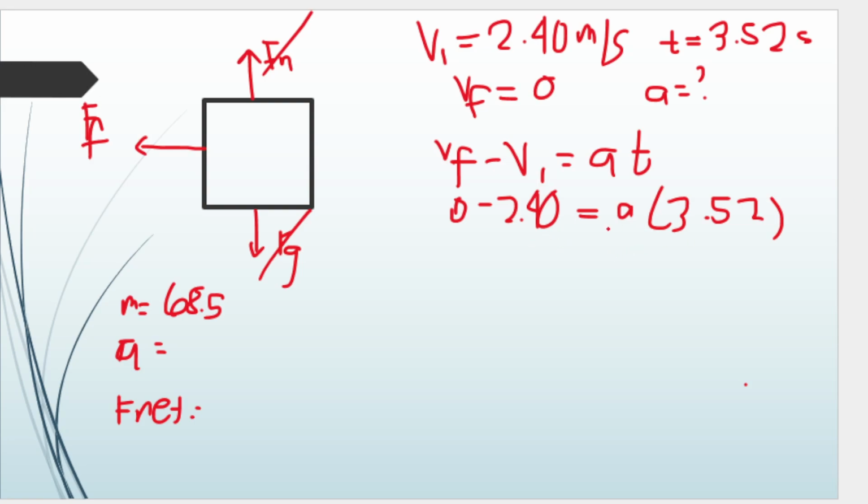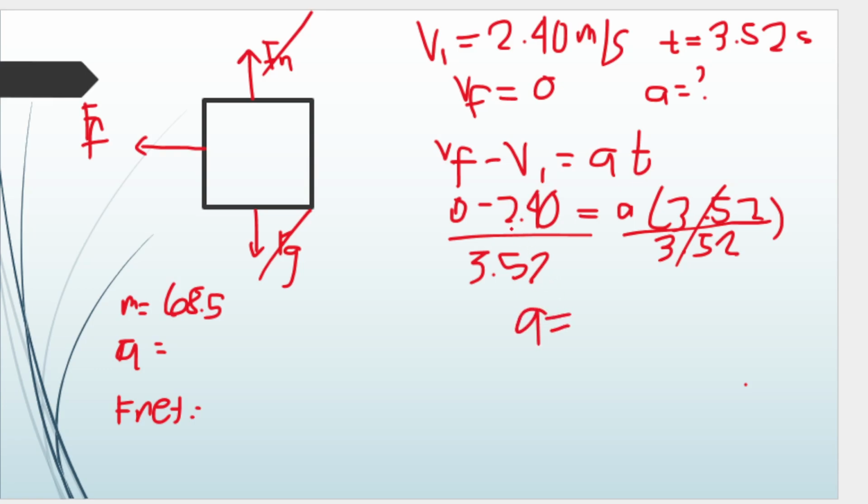Okay, so to get the acceleration, we can divide both sides by 3.52. So divide both sides by the 3.52. Kaya siya, negative 2.40. Oh, wait, not negative. 3.52. Okay, so cancel the side.